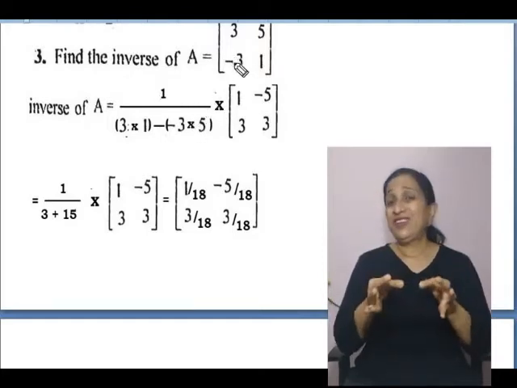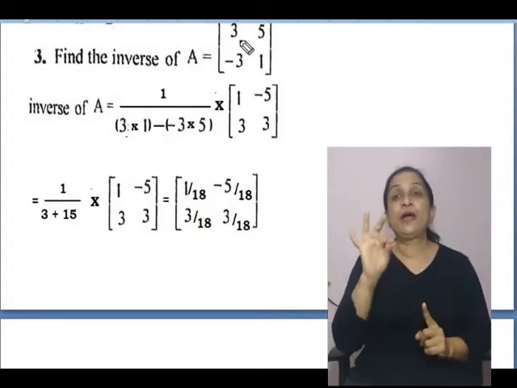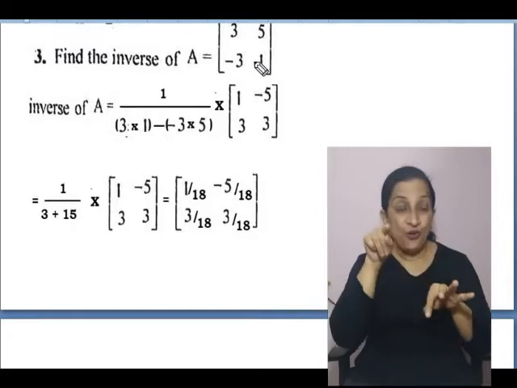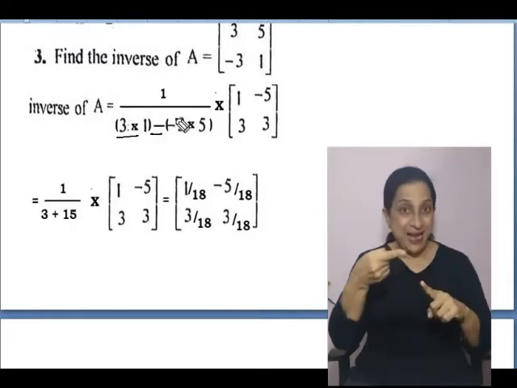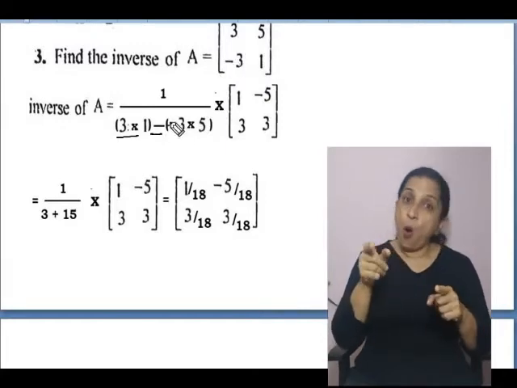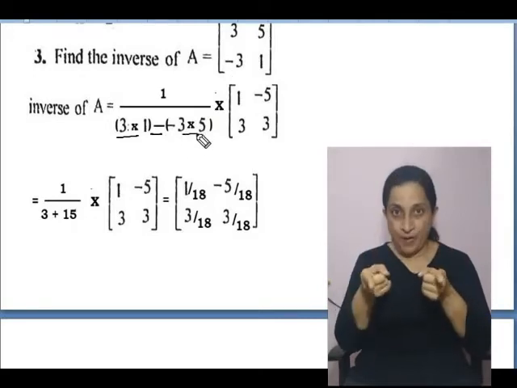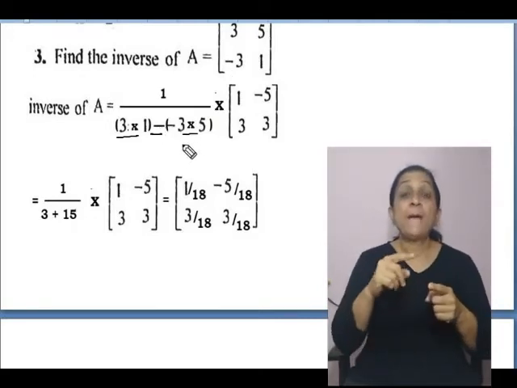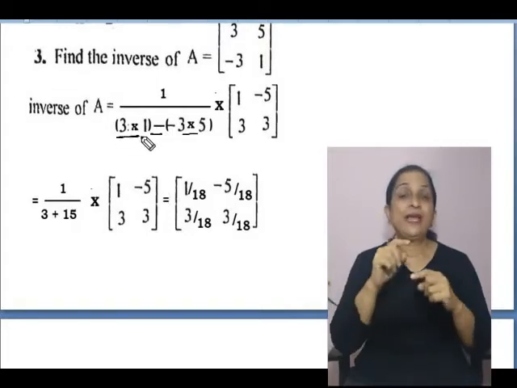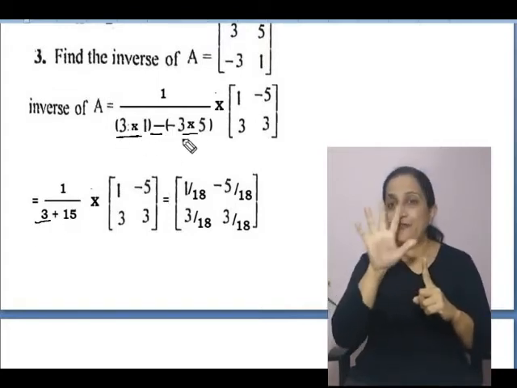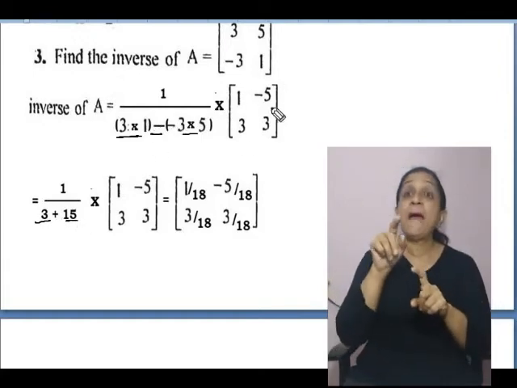Whenever the inverse is coming, make sure first you find the value of this determinant, that is 3 into 1, 3, minus, remember minus, then because there is a minus here you must put a bracket, and then minus 3 into 5. So minus and minus becomes plus. So the denominator becomes 3 into 1 is 3, and minus minus plus 15, and this remains.